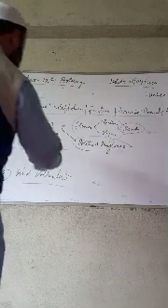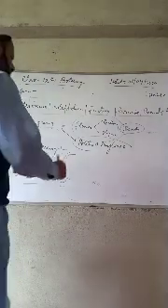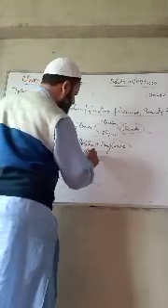Number second is cleistogamy. In some plants, flowers do not open even at maturity.